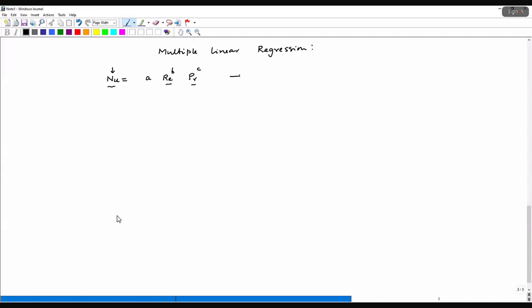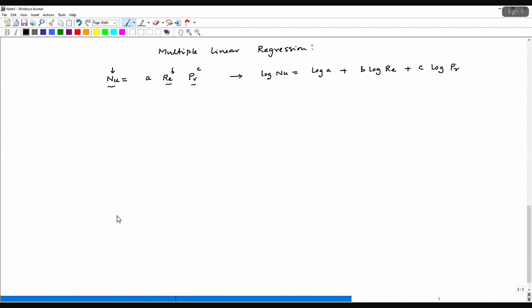So one way to take care of this kind of fit is to linearize the equation. So if you take logarithm on both sides, this nonlinear power-form equation becomes linear. So you have log of A plus B log Reynolds number plus C log Prandtl number, right?